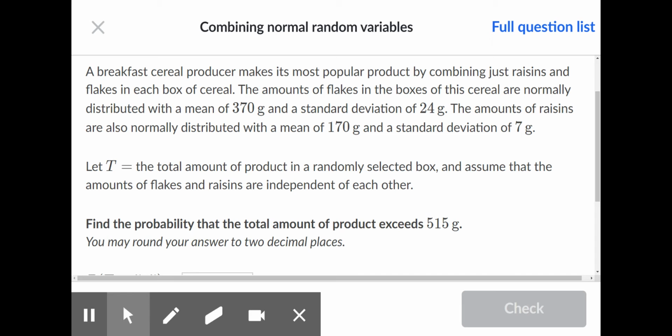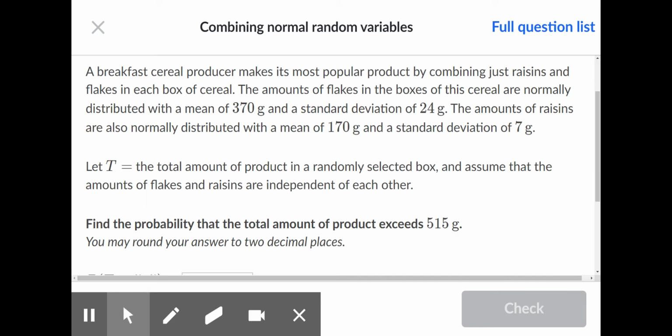I can stop here, because 515 is right here. They want the probability that the amount exceeds 515, so we shade to the right, and this goes on to positive infinity.